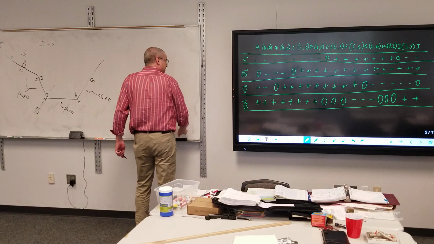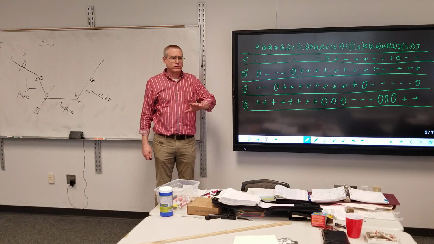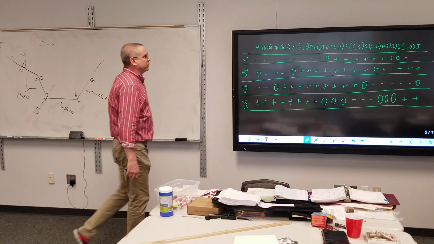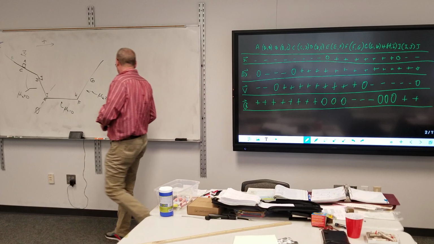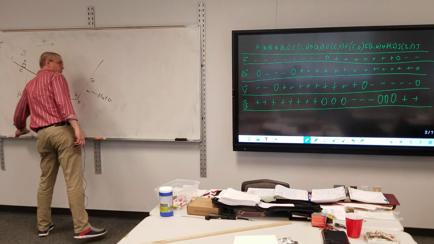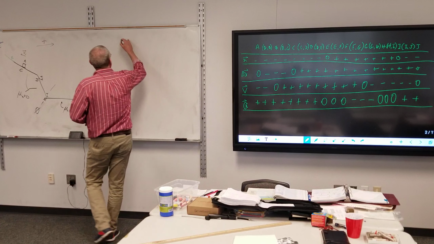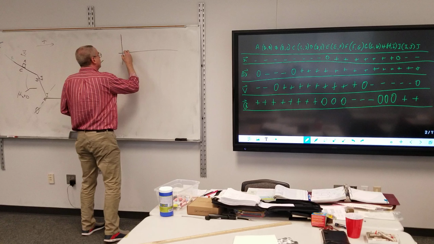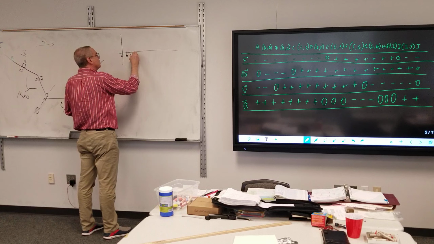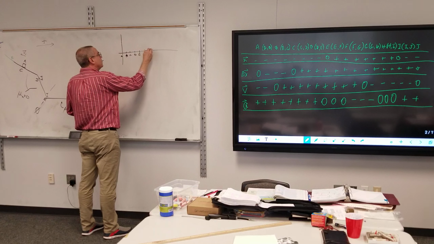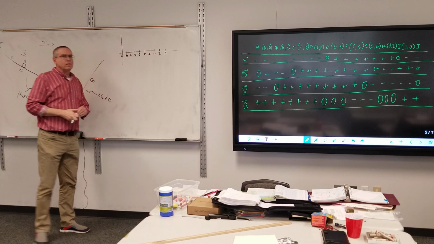If this was done correctly, then we already have a quick and dirty sketch of what it's going to look like. I know it's going to be negative, 0, positive, 0, negative. A, B, C, D, E. It is a sketch.